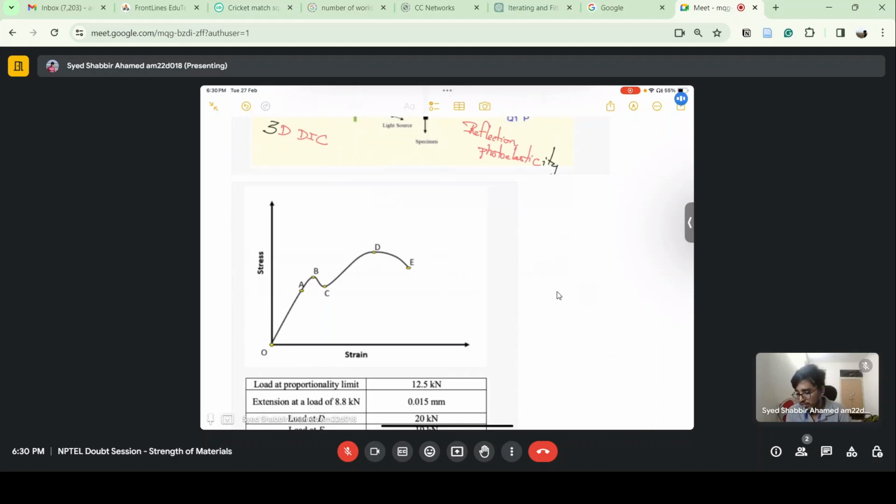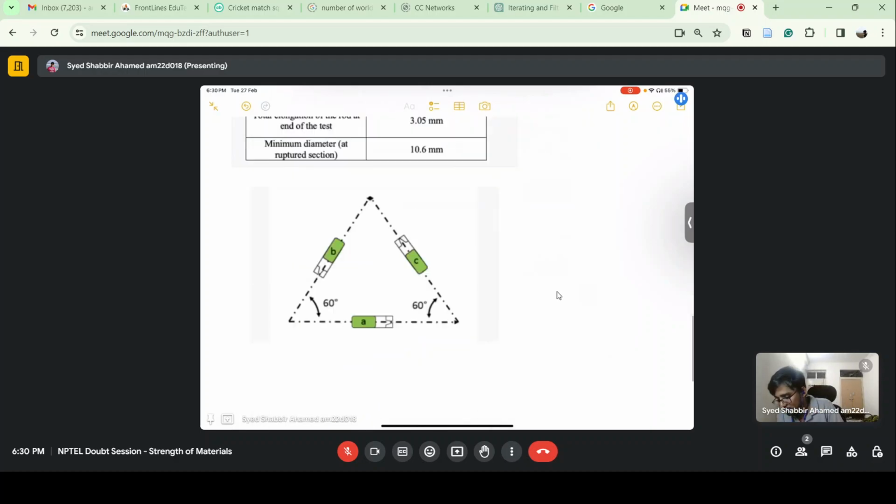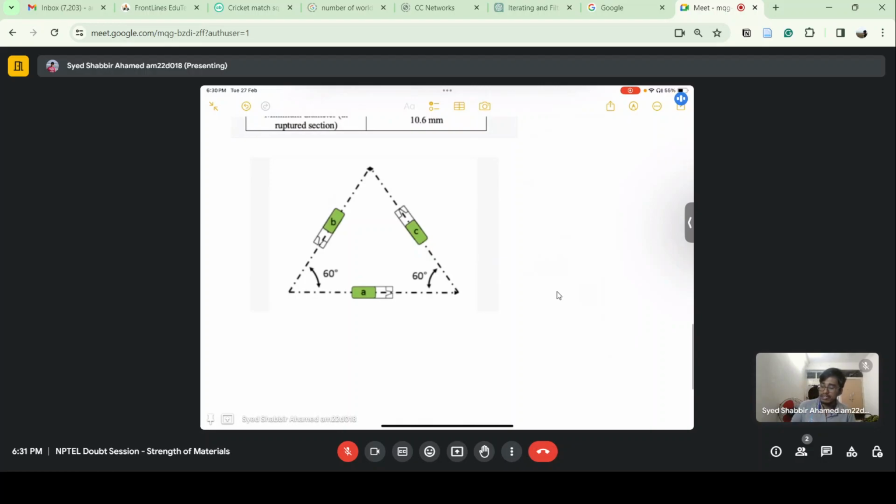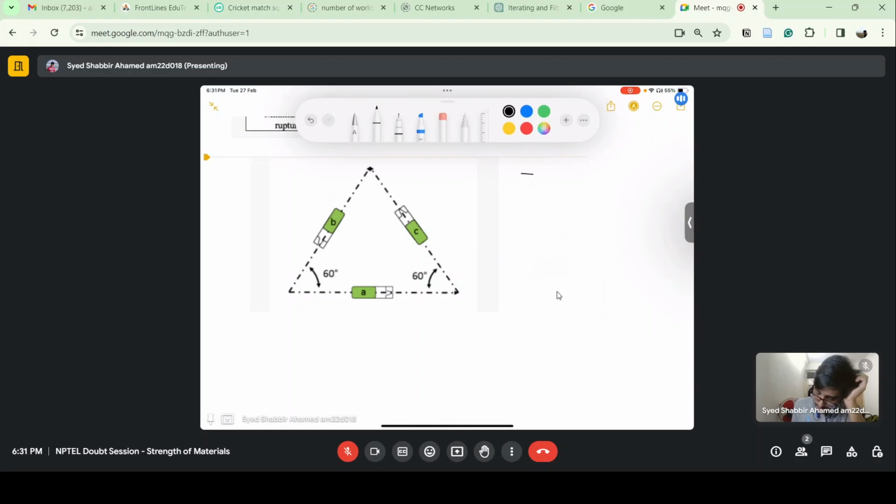Next we will go to this part, and we have a delta rosette.